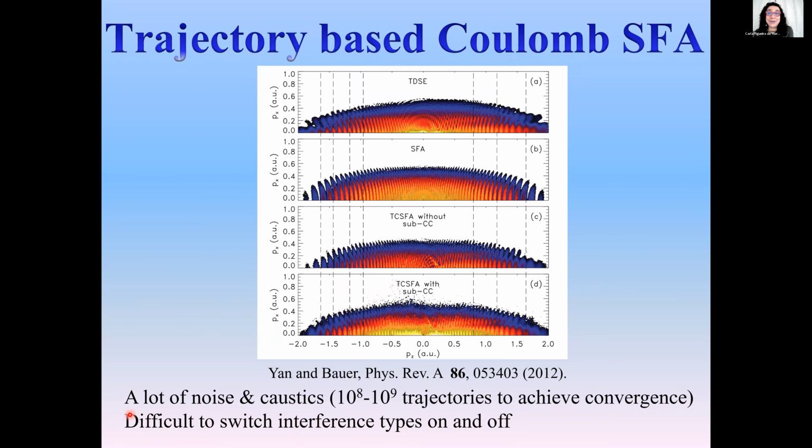that they had a lot of noise and you have a lot of caustics as well, because the topology of these trajectories is going to change. But so you see here, it's kind of noisy. And what they were doing is direct propagation. So they were launching tons of trajectories, actually 10 to the 8, 10 to the 9. And they were getting a pattern that was a bit dirty, and they were struggling to switch interferences on and off, because you just beam whatever you're launching in the end.